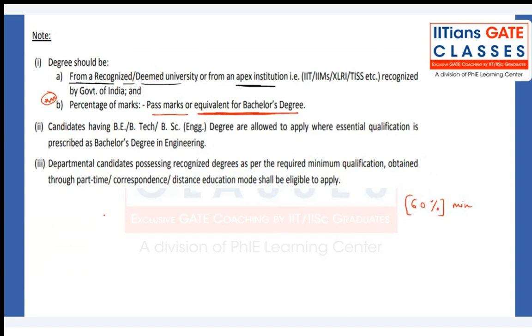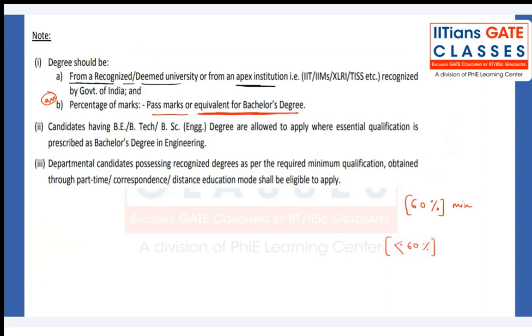But this time they have mentioned pass marks or equivalent for the bachelor's degree. That means, I'm not sure as of now whether a person with less than 60 percent, for example, is able to apply or not. But according to what we are observing here, they can apply.